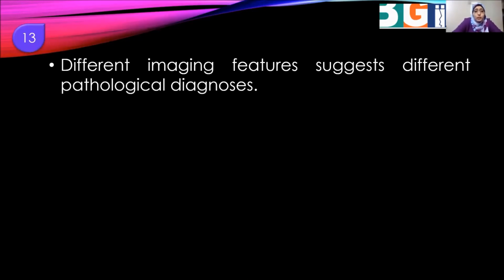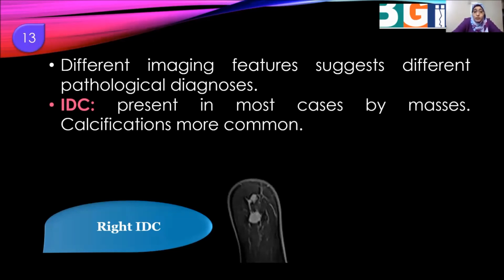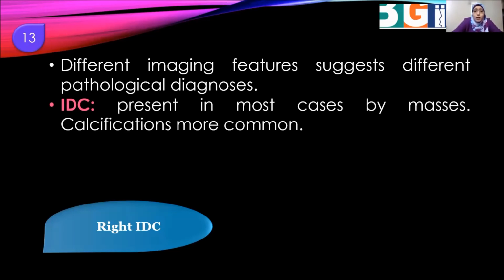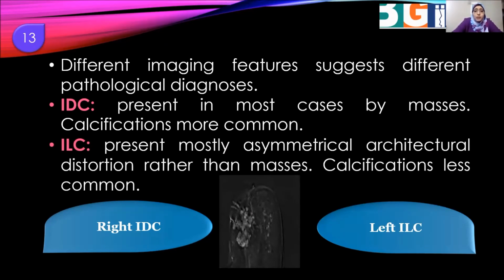The right breast, after tissue biopsy, was confirmed to be an invasive ductal carcinoma, which is most commonly presented by masses, while the left side, after biopsy, was confirmed to be a lobular carcinoma, which is more commonly presented by asymmetrical architecture distortion rather than masses. So here we have in the same patient two different pathological diagnoses.